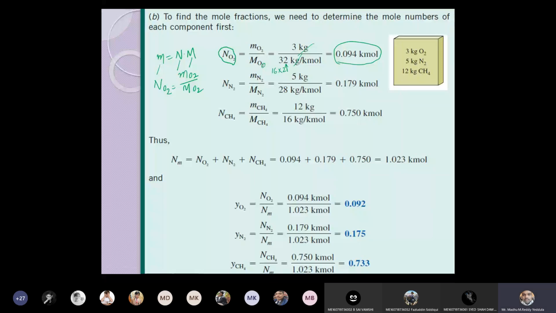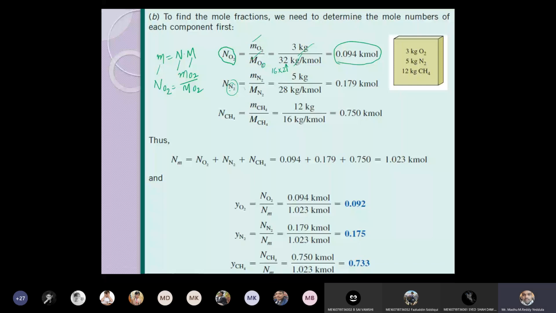By using Avogadro's law we found number of moles equal to mass by molar mass. Similarly, for nitrogen, what is the atomic number of nitrogen? 7. Atomic number 7 means its weight is 14.